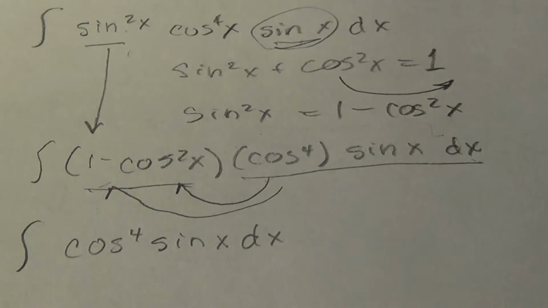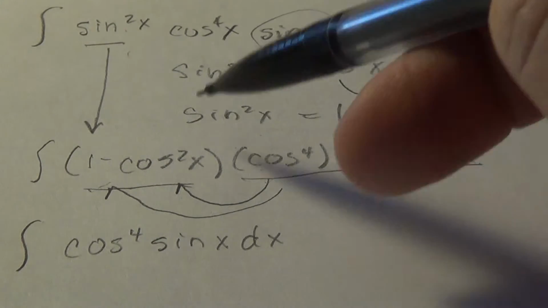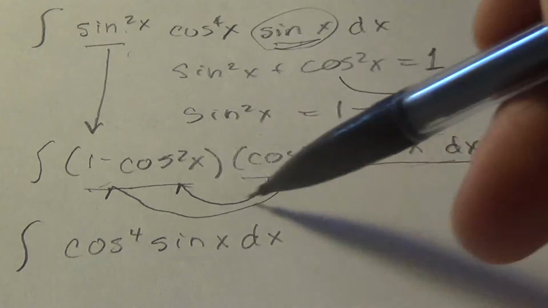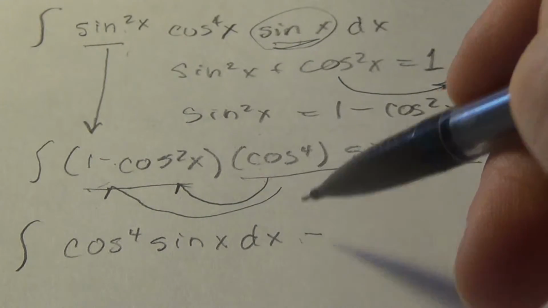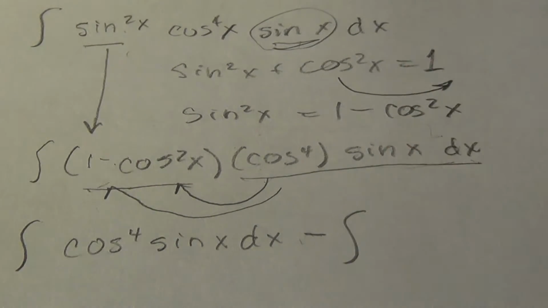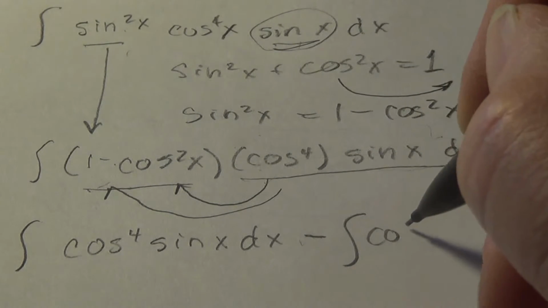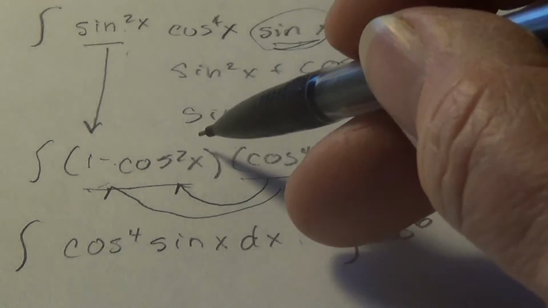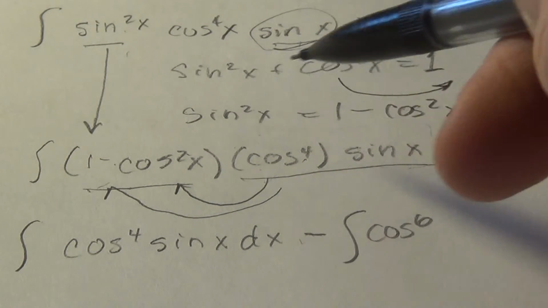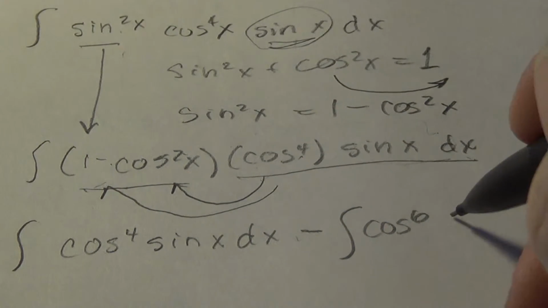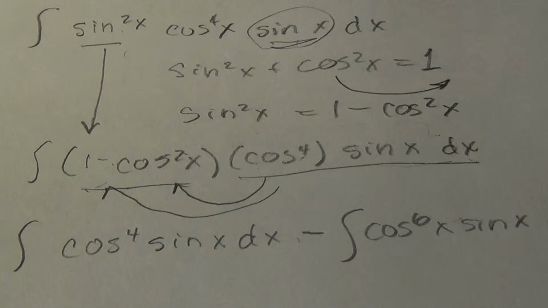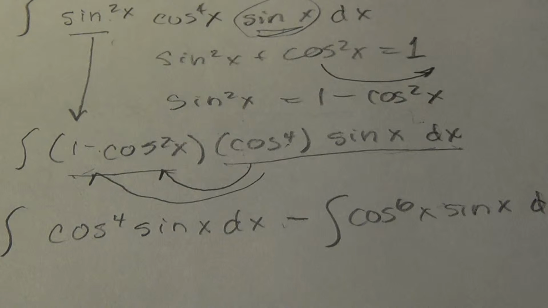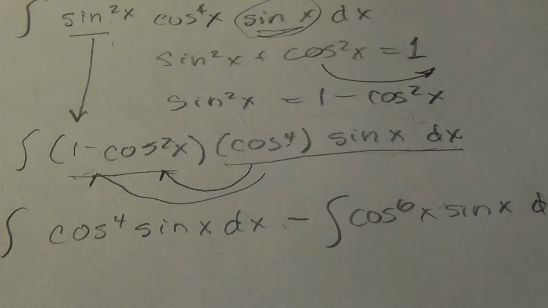Now I'm going to multiply this times cosine squared. So I'm just distributing. I see a negative sign there. It appears here. I'll put it outside this second integral that I'm forming. And I get cosine to the sixth. When I multiply the fourth times the second, I get the sixth. And sine x dx.